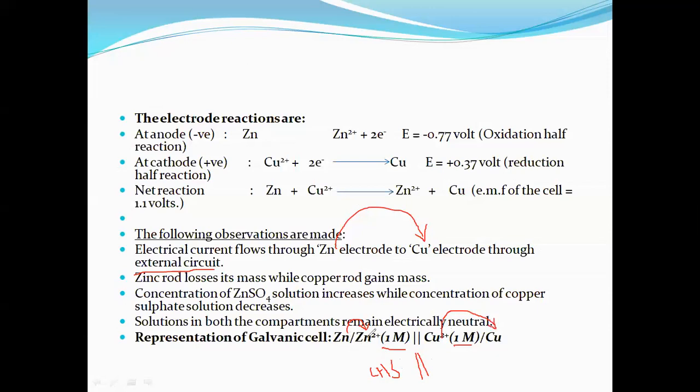Zn to Zn2+, 0 to +2, oxidation. Cu2+ to Cu, reduction. How many electrons are lost? n is equal to 2 here. Number of electrons lost is 2, number of electrons gained is 2. So when writing the cell notation like this, the left hand side is the oxidation reaction and the right hand side is the reduction reaction.